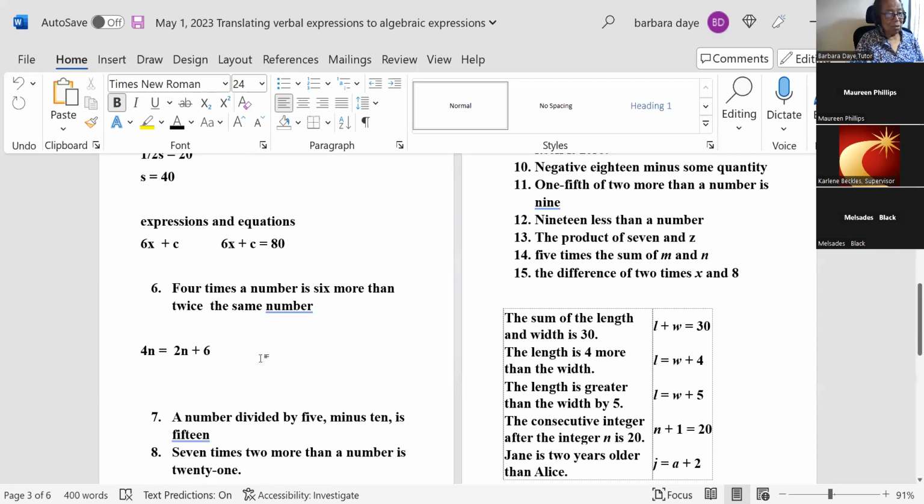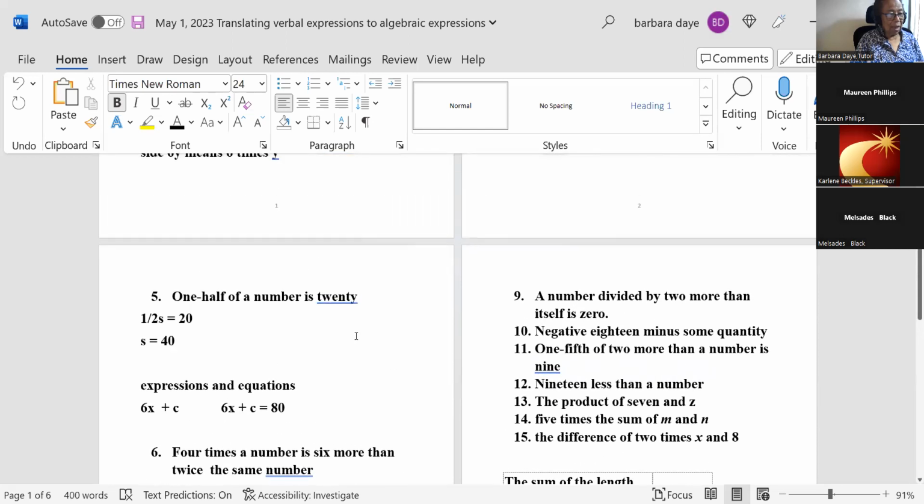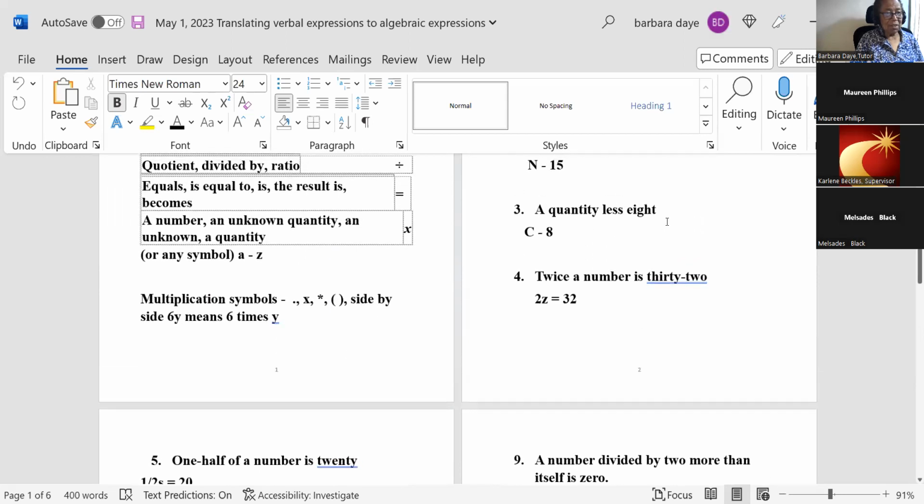This one was an equation. That one was an expression: a quantity less 8 means you subtracted 8 from a quantity that Maureen calls C. So some are expressions and some are equations.